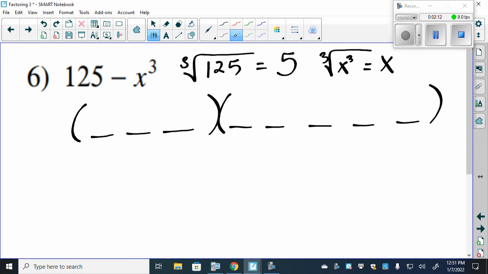Since our starting sign is negative, for it to be the same, our first sign is going to be negative. Opposite would be positive, and always end on a positive note. So for this one here, it would be negative, positive, positive. Same, opposite, always end on a positive note.